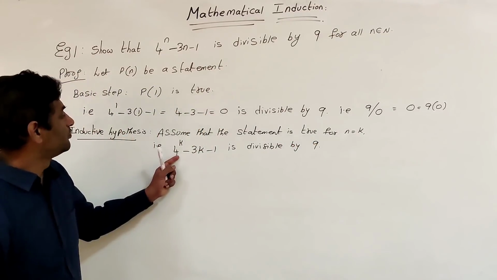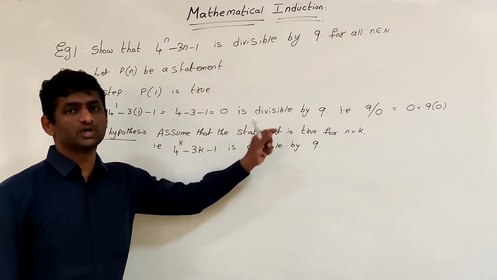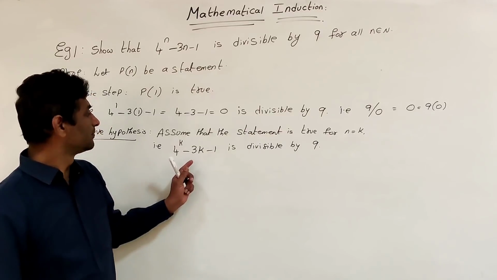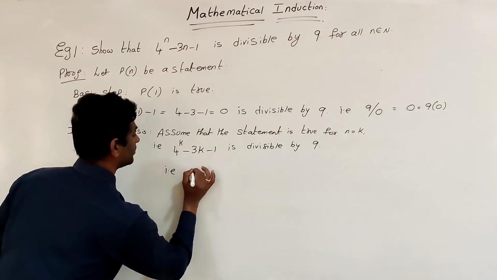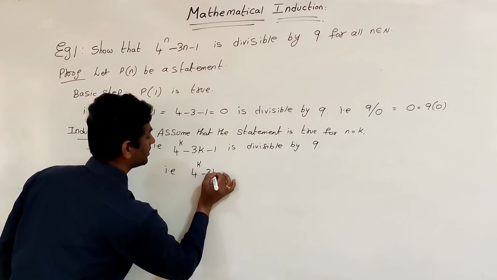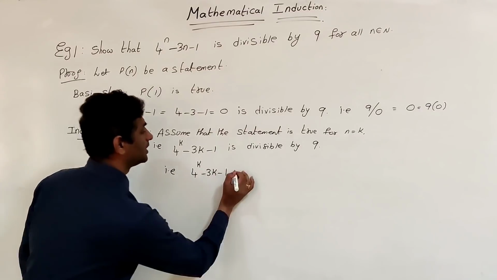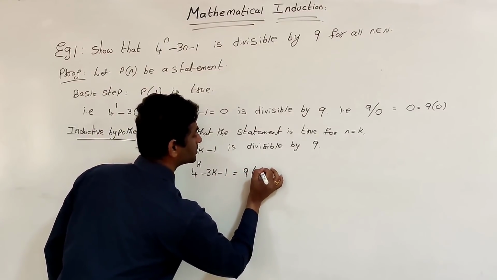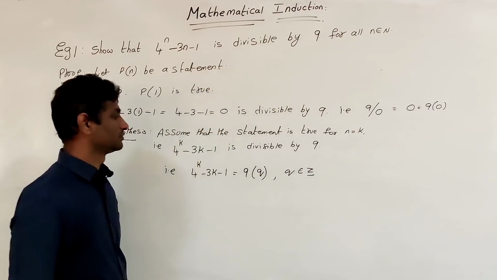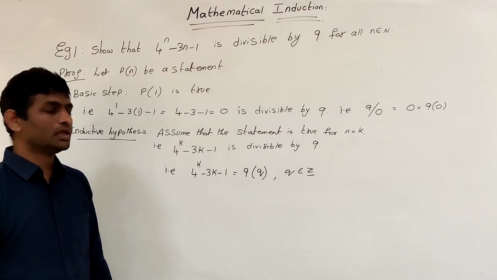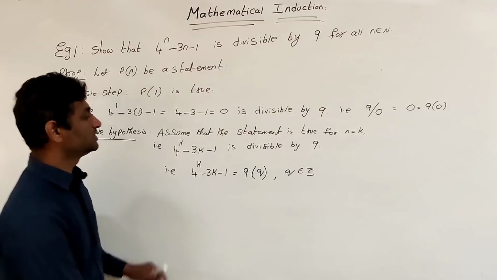This means 4 to the power of k minus 3k minus 1 is a multiple of 9, that is, 9 times some integer q, where q belongs to Z. We can say the remainder will be 0. So this is our equation 1.